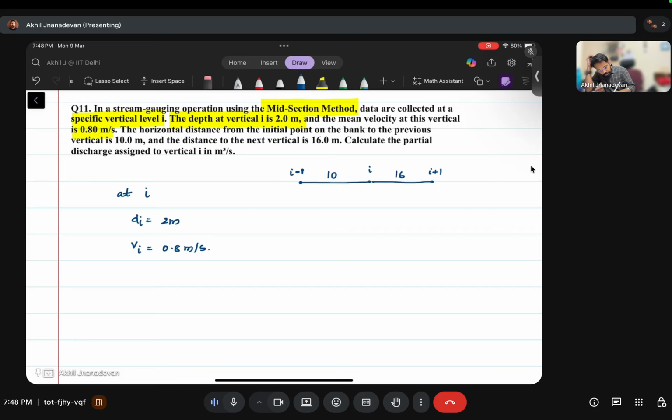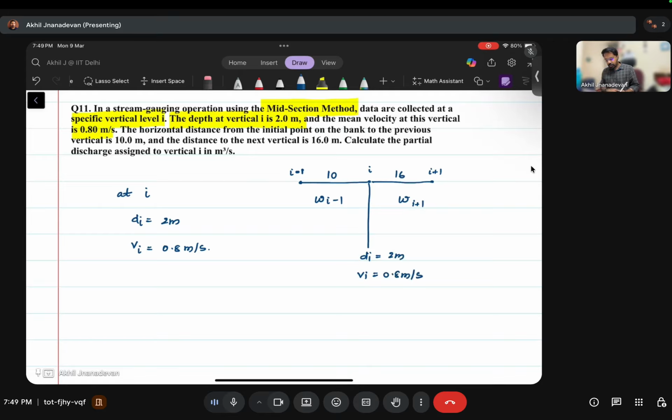So we can call this the width i minus 1 and this the width i plus 1, right? There are two widths at i, and we have the depth di as 2 meter and vi as 0.8 meter per second.